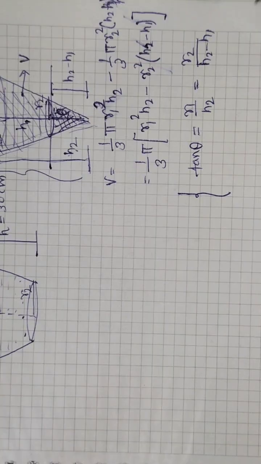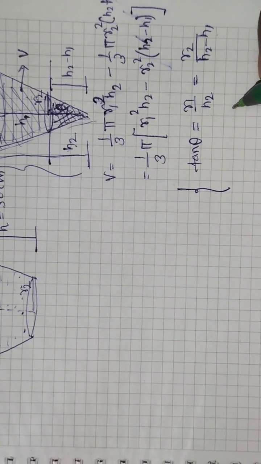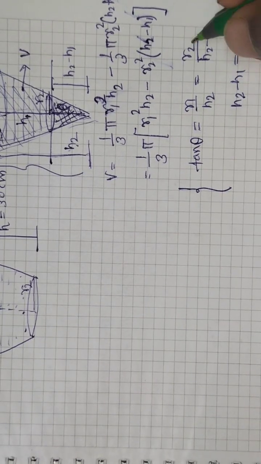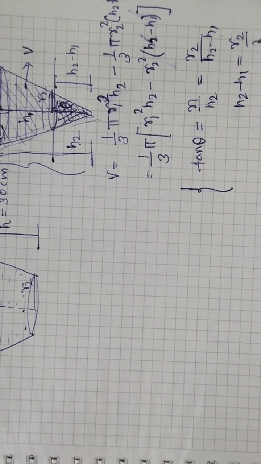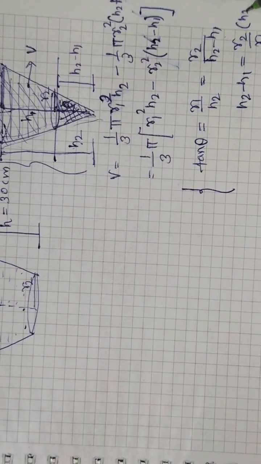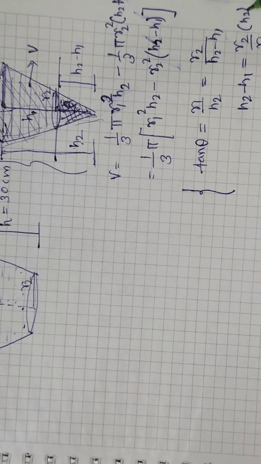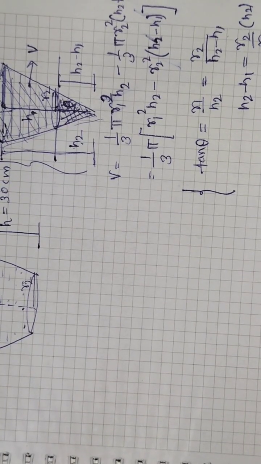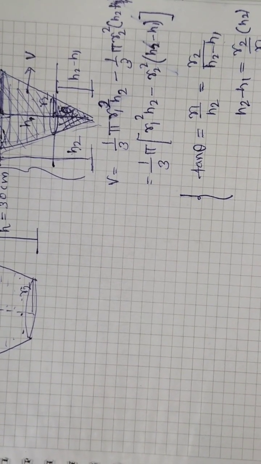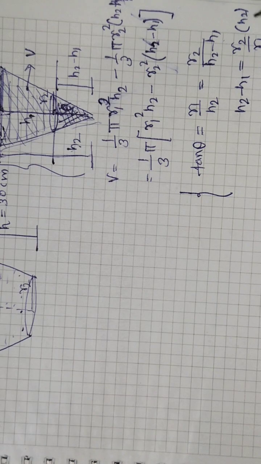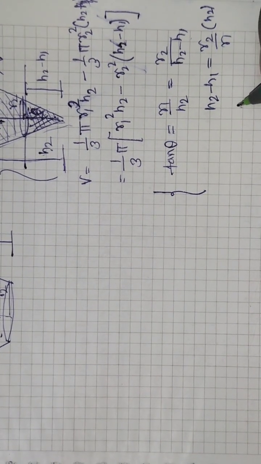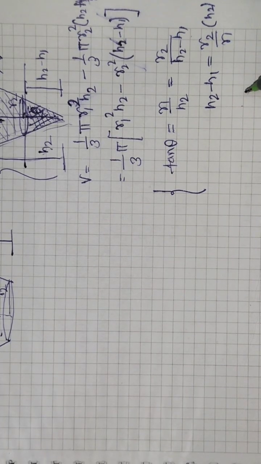So guys, if we cross multiply, h2 minus h1 equals r2 upon r1 into h2. We need to calculate h2 in terms of h1.